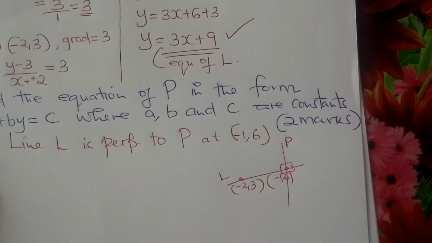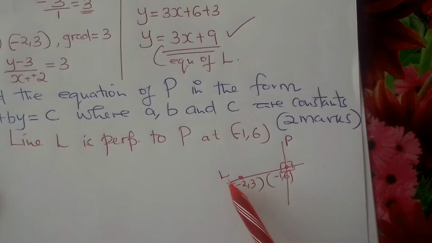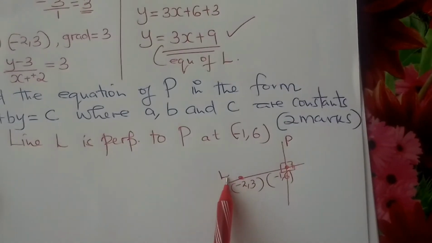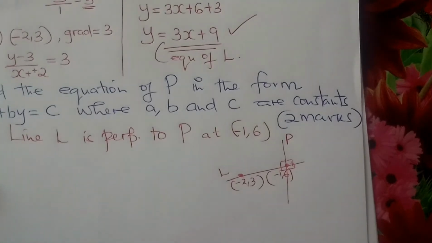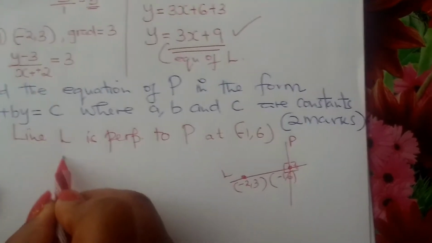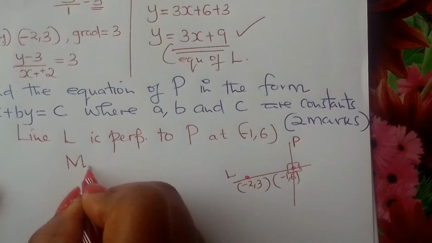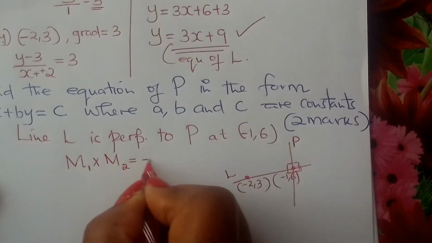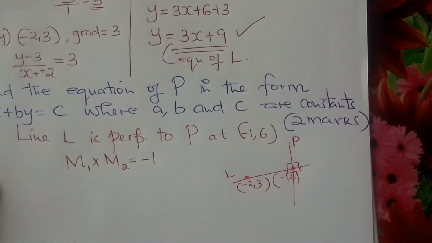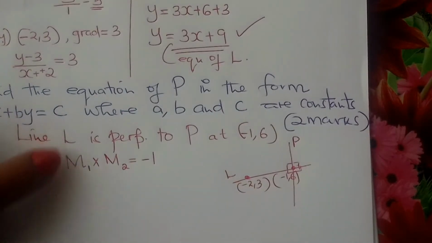So the first thing that you ask yourself, learner, is about the relationship between the gradient of L and P if they are perpendicular. If two lines are perpendicular, their gradients are related this way: M1 times M2 gives us negative 1. What was the gradient of L?